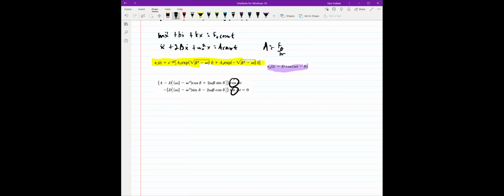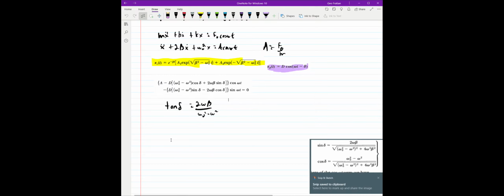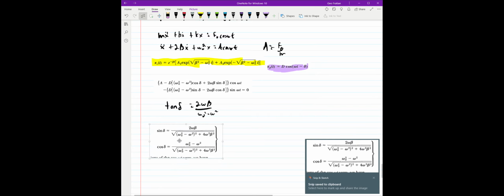Because sine and cosine are independent, these two will never give you 0 at the same time. That's the point. So that immediately tells us that from the sine term, tangent of delta is equal to 2 omega beta over omega naught squared minus omega squared, or this more complicated expression.